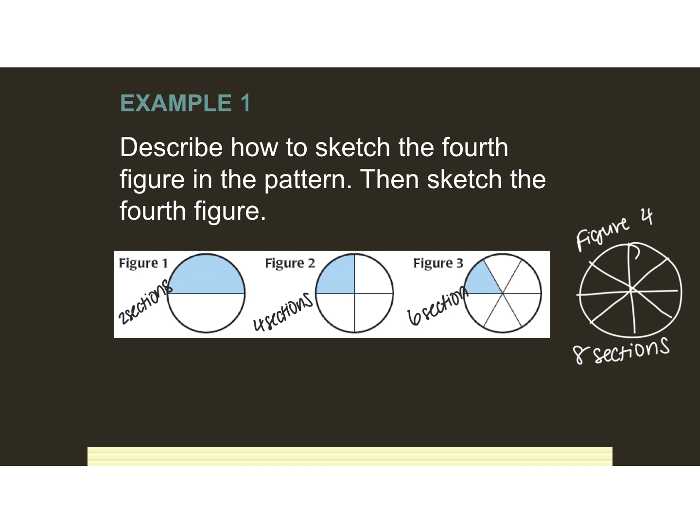Yes, so figure 3 times 2 is 6. Good, so I'm multiplying my figure number, correct? So 1 times 2 would give me 2 sections. 2 times 2 would give me 4. 3 times 2 would give me 6, and so on. Or I'm adding by 2. So I started at 2. Adding 2 would give me 4. Adding 2 would give me 6. So that's what it is.